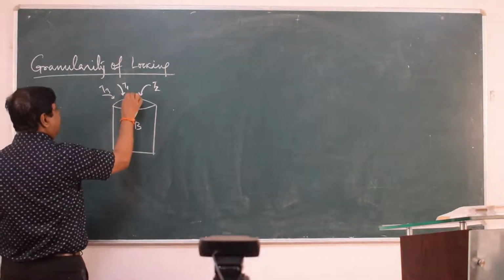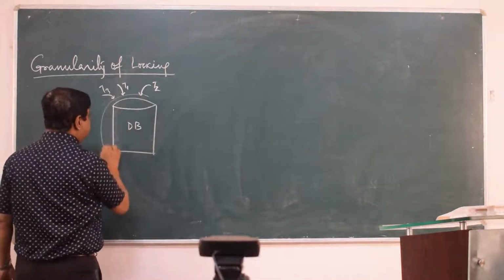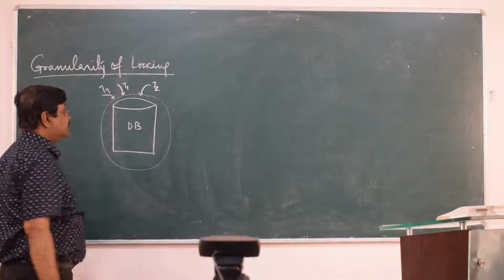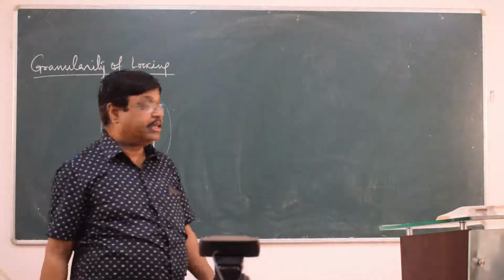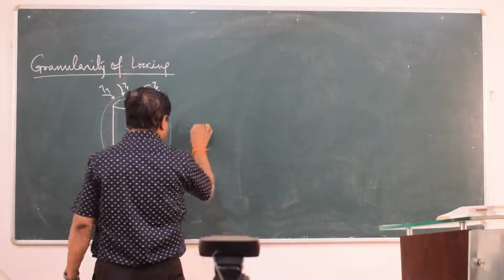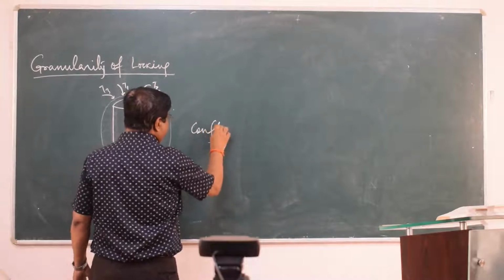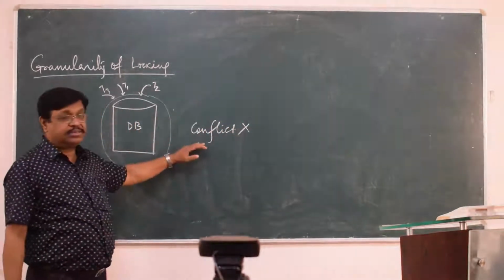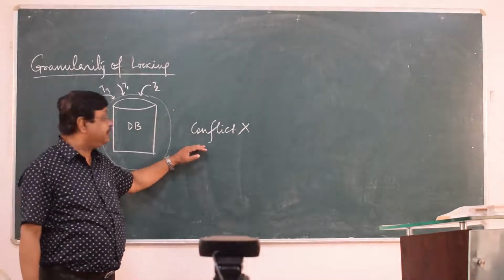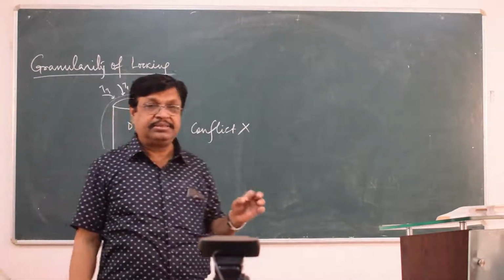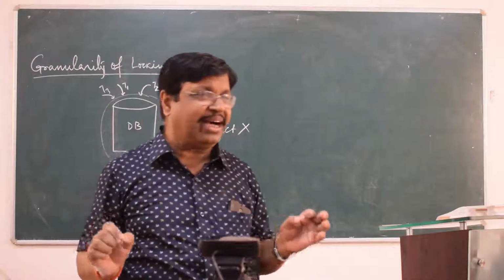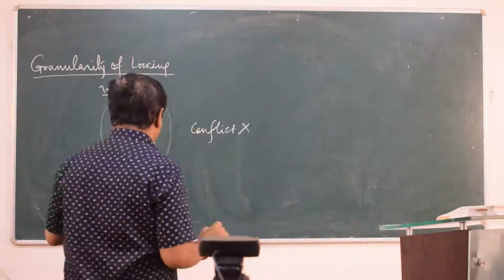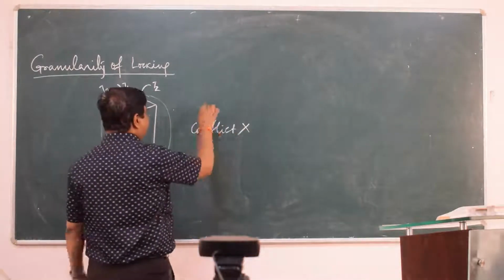Say T1 locks the entire database. We can remove conflict approximately 100%. There won't be any conflict. But the demerit is the concurrency would be highly reduced. The concurrency would become approximately 0.